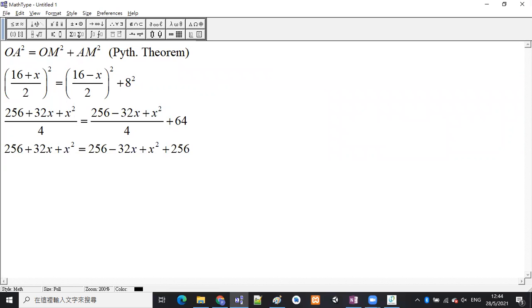And the pair of X square are also cancelled by each other. So what is remaining is this x term, this x term, and that's 256. So I have to move this negative 32x to the left, which becomes 64x, and the right-hand side becomes 256. So finally, x is equal to 4.